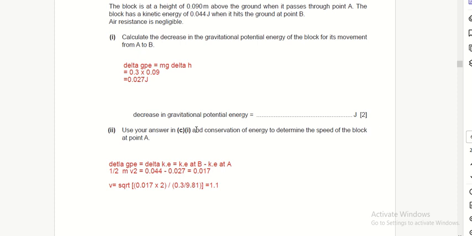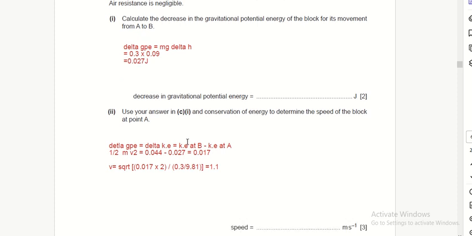We calculate delta GPE, but delta KE is equal to kinetic energy at B minus kinetic energy at A. So delta GPE plus the kinetic energy at A, we can rearrange this equation to have kinetic energy at A as kinetic energy at B minus delta GPE or delta KE.